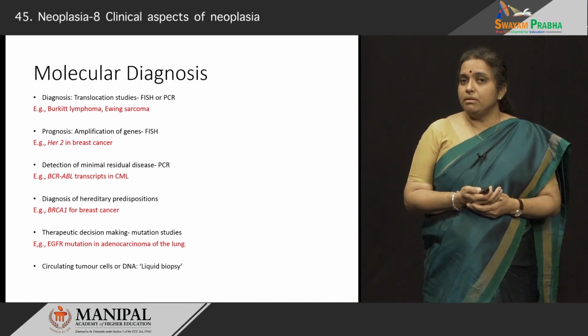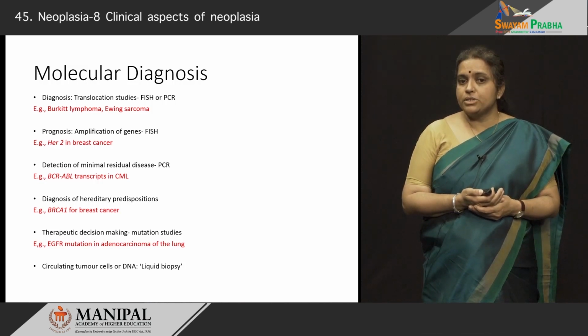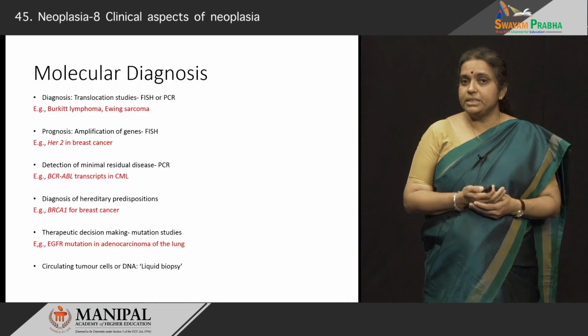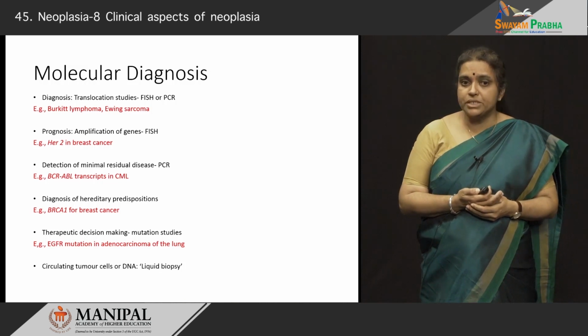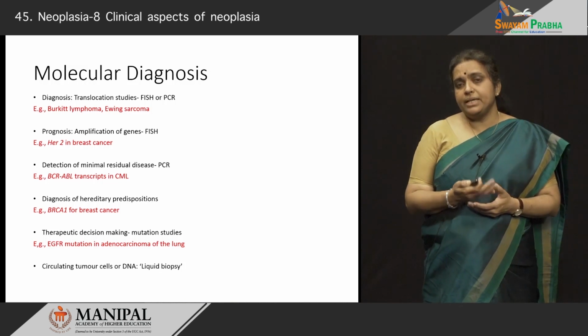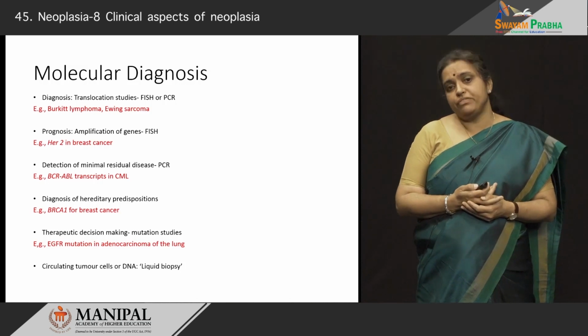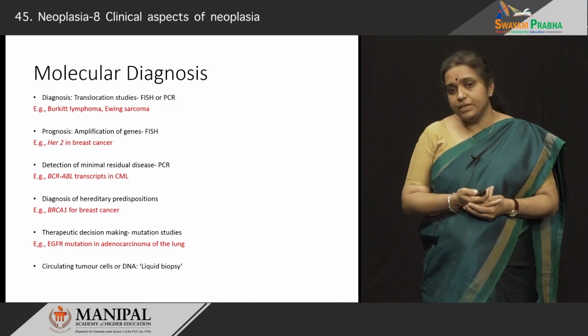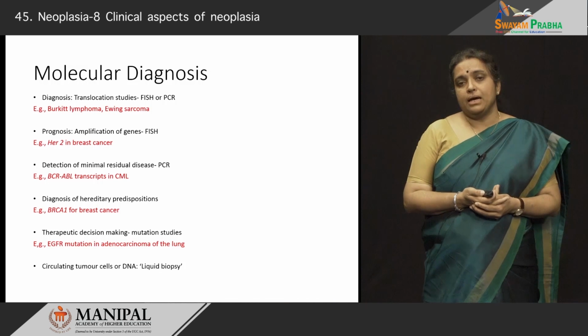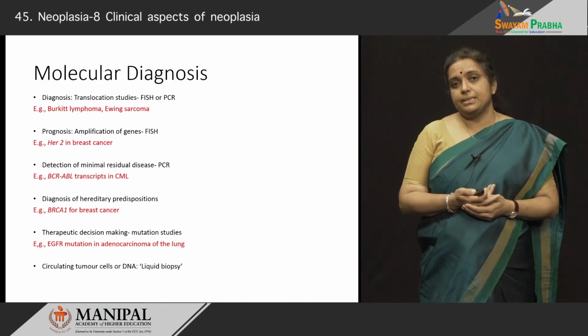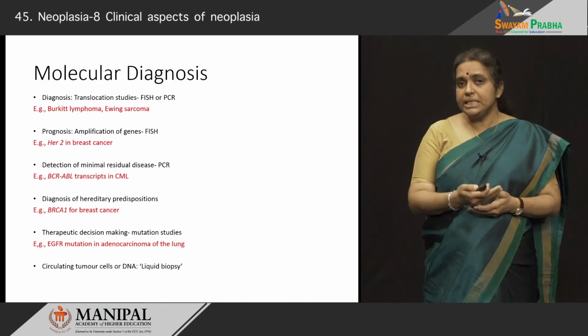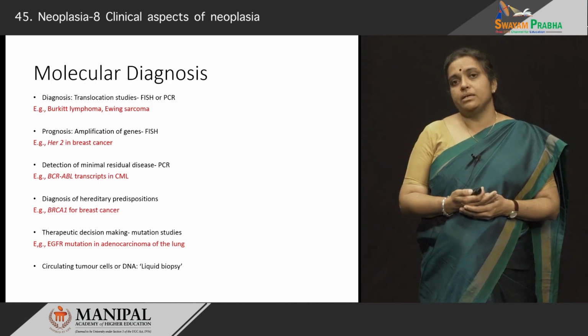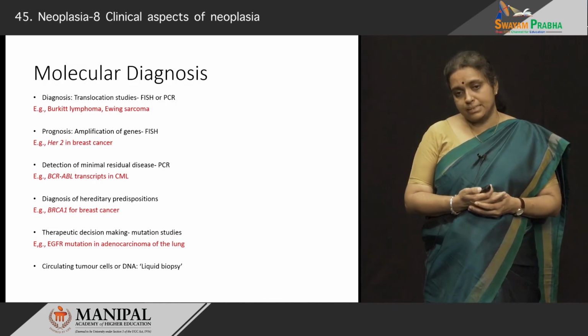Sometimes you may require molecular techniques to make therapeutic decisions regarding certain mutations. The most glaring example of this is the EGFR mutation that occurs in adenocarcinoma of the lung, and if this mutation is present, one can treat these tumors using anti-EGFR drugs.